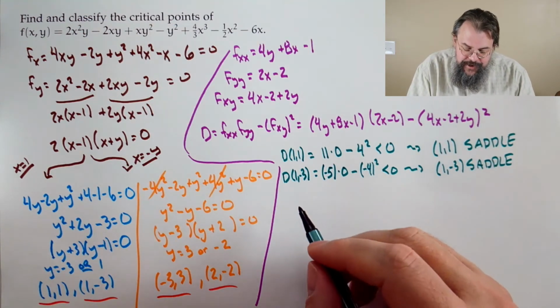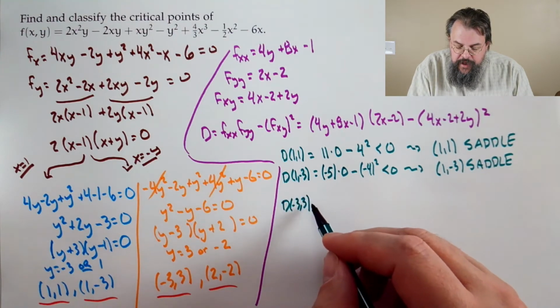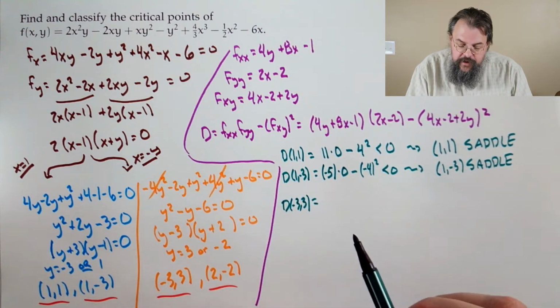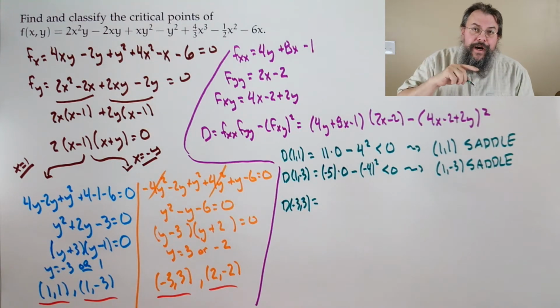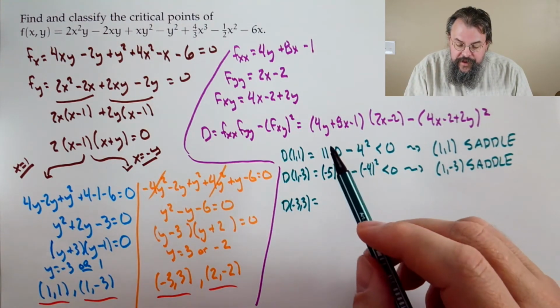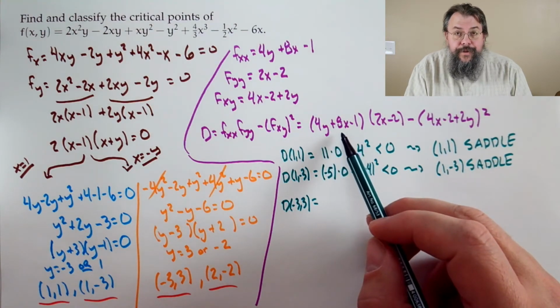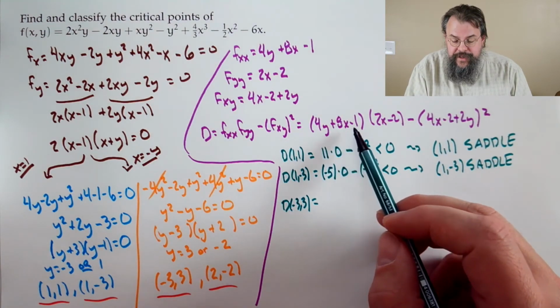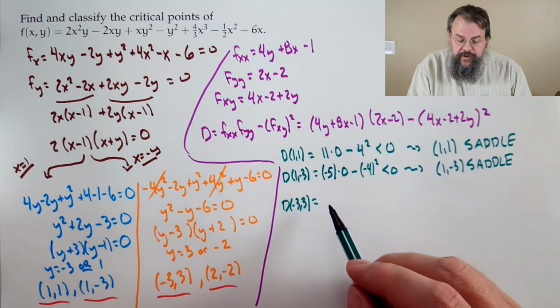So, let's try our next point. Negative 3, positive 3. Okay, so where we see an x, we put a negative 3. Where we see a y, we put a positive 3. So we'll get 12 minus 24. That's negative 12. And then minus 1 more. So that would be negative 13.